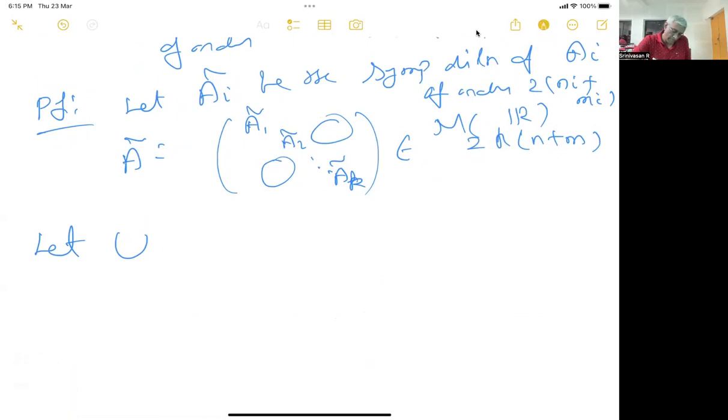Let's call it U, an orthogonal matrix in M_k(R).